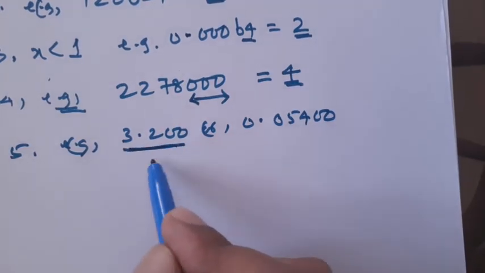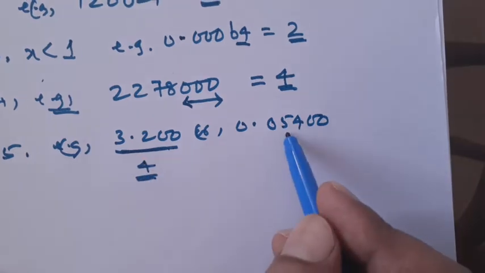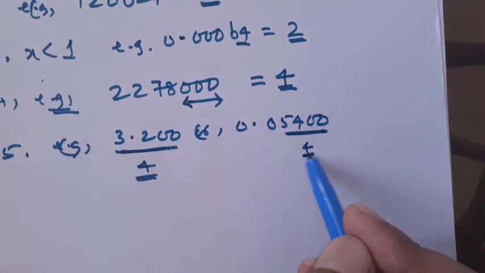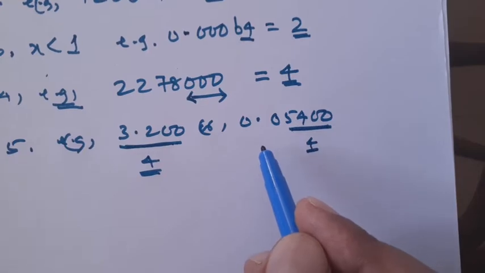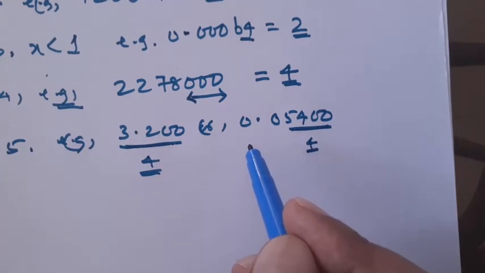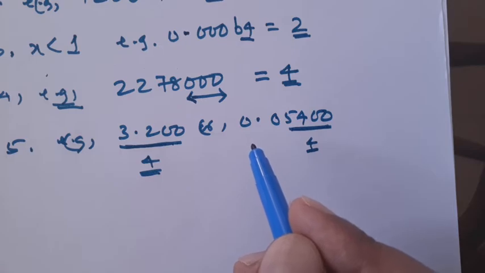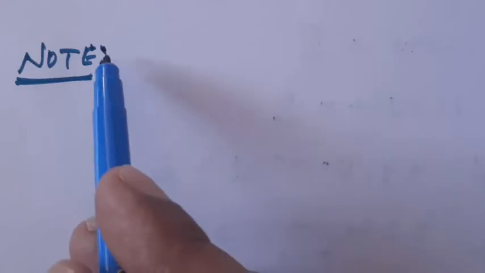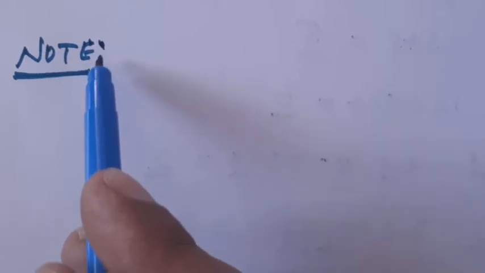So this has 4 significant figures, and this also has 4 significant figures. The rule states that in a number with a decimal point, the trailing zeros are significant. While writing the significant figures, you make a note of this.